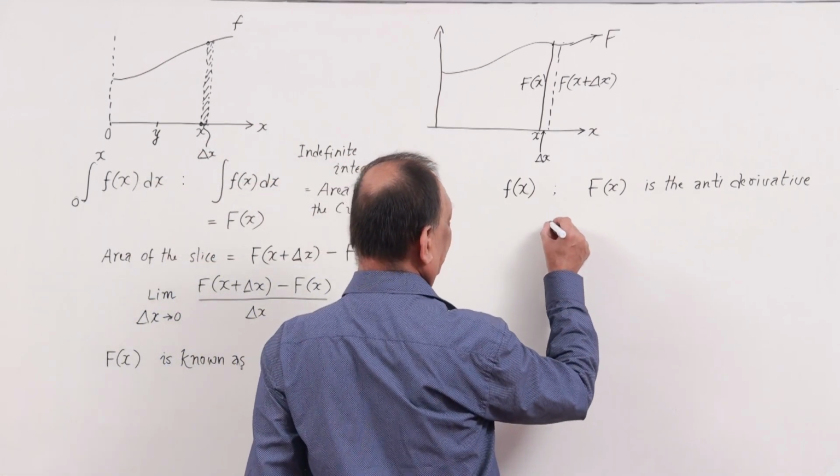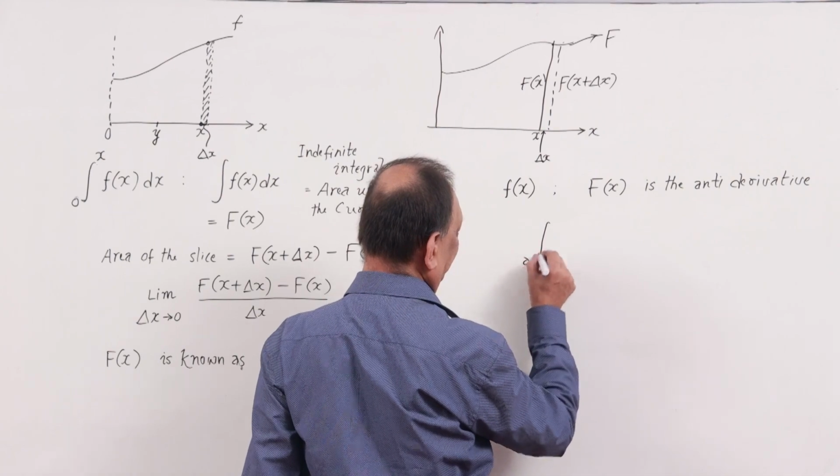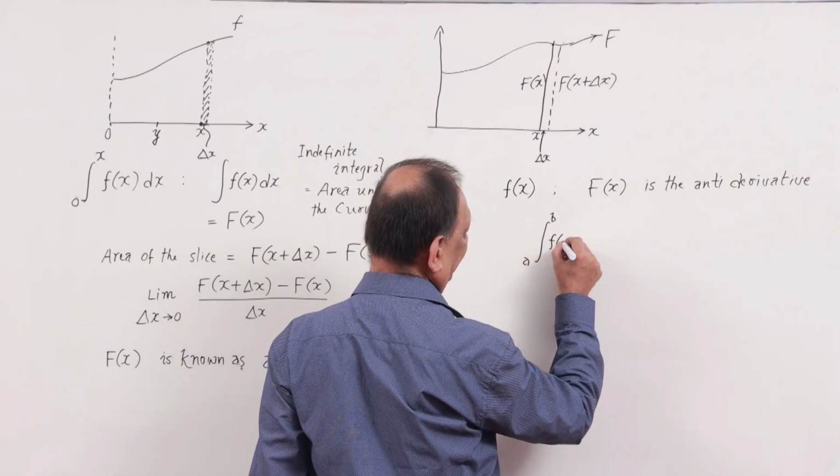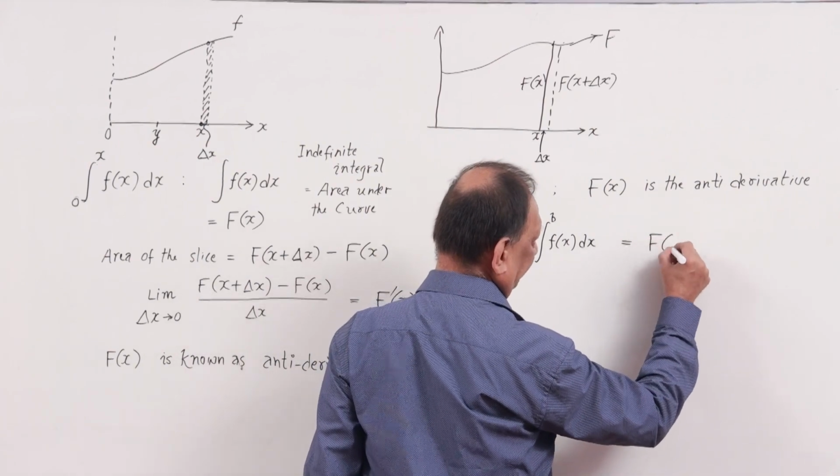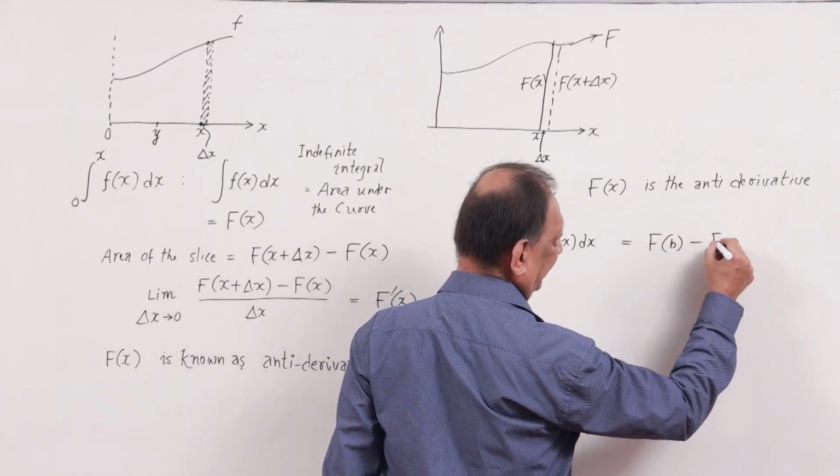Then the integral from a to b of f of x dx will be F of b minus F of a.